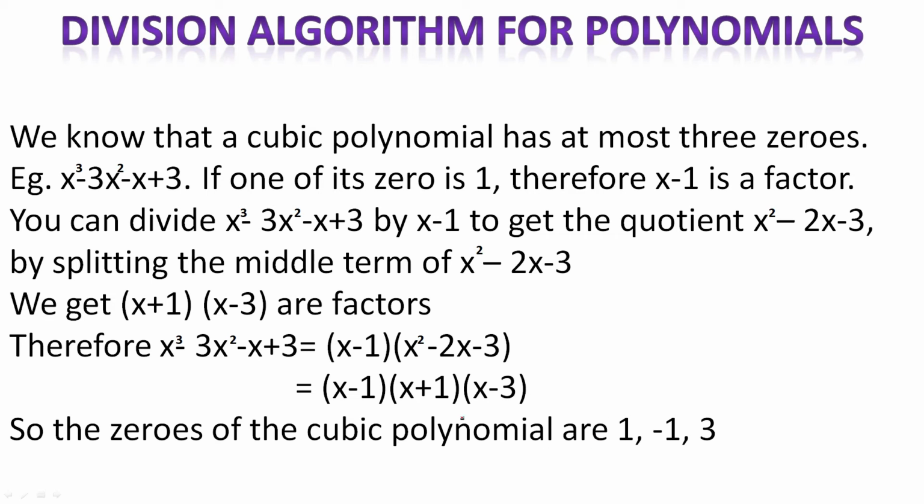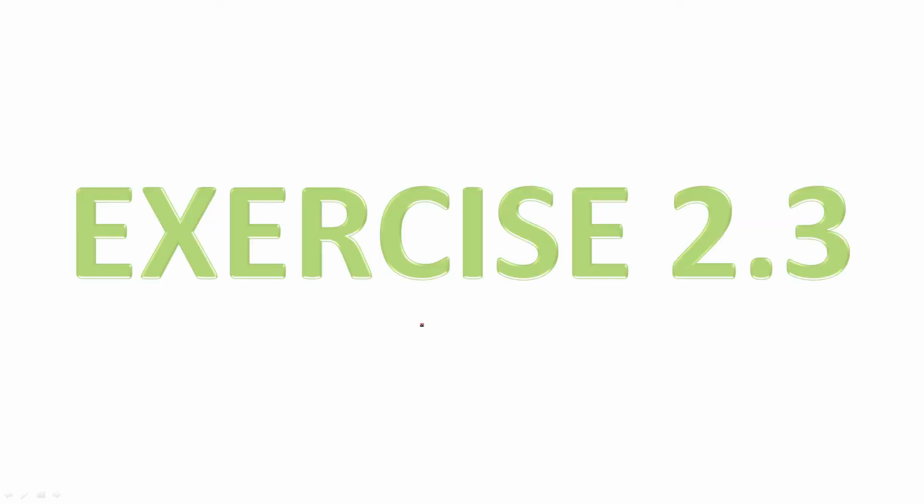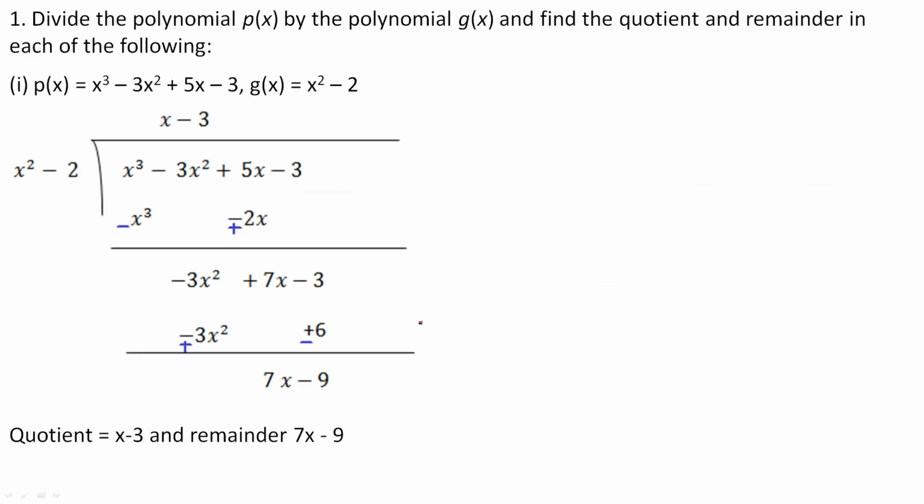So you will get 3 zeros for this cubic polynomial: x is equal to 1, x is equal to minus 1, x is equal to 3, since it is a cubic polynomial. Exercise number 2.3, let us see.